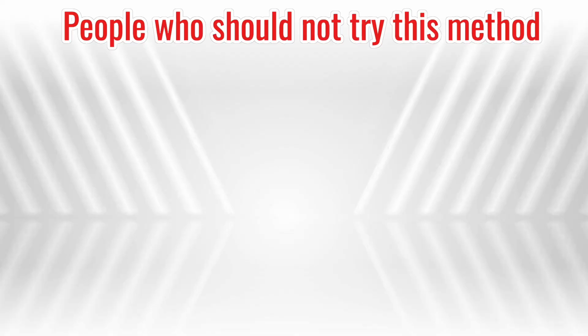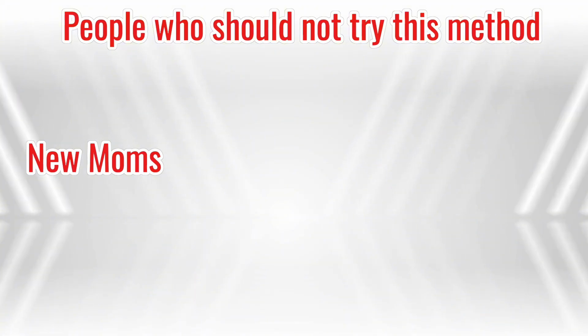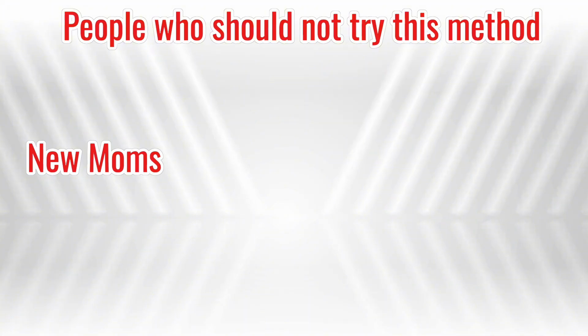Another group that cannot try this method are people who just had a baby. Simply because ovulation can happen even before your period returns. As a woman who just gave birth, you're not going to see your period for a certain period of time, depending on your body. Everyone's body returns to the pre-pregnancy state differently. Some persons, it could take 2 months, some 6 months, especially if you are doing exclusive breastfeeding.